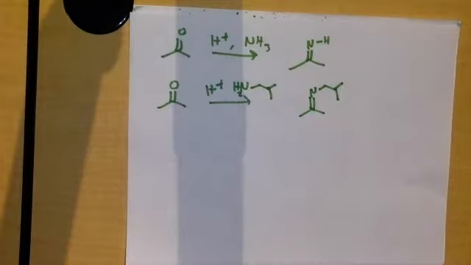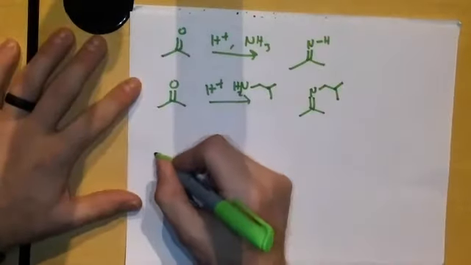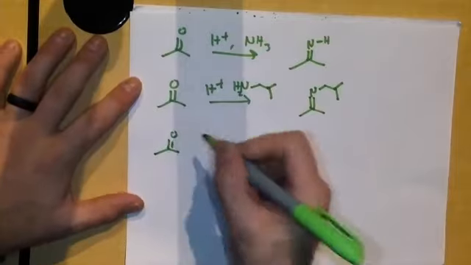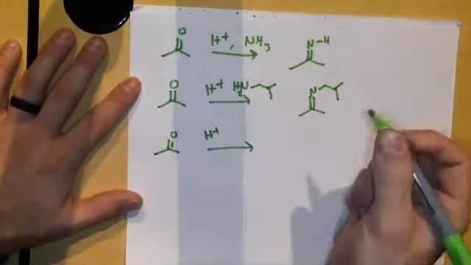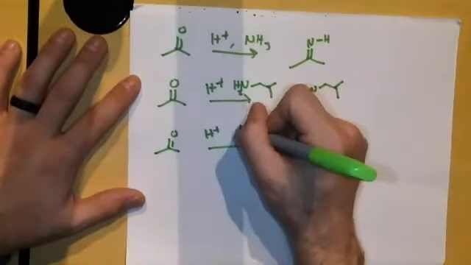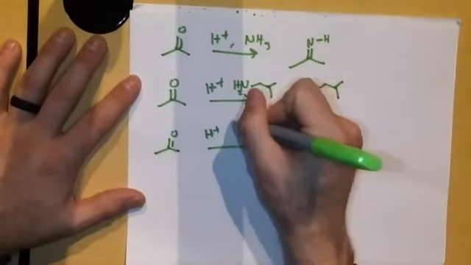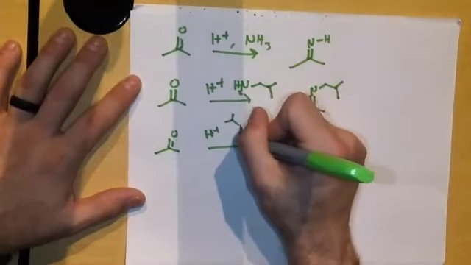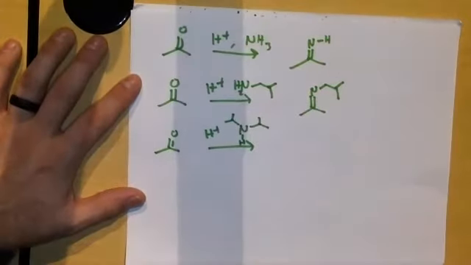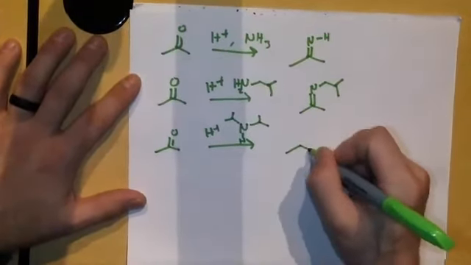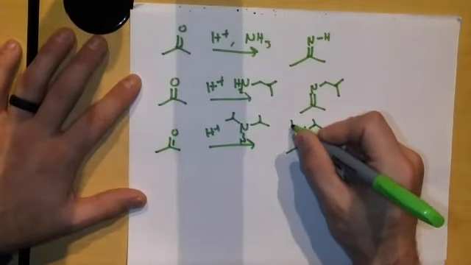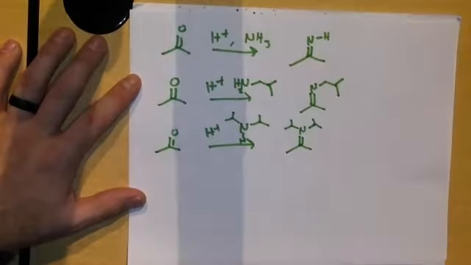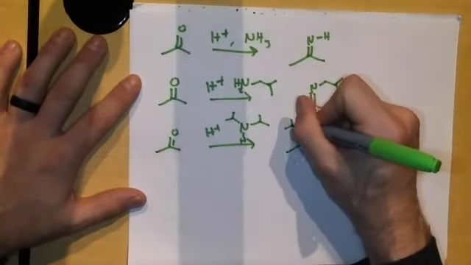We have secondary. We would originally make this isobutyl imine, which is positively charged.